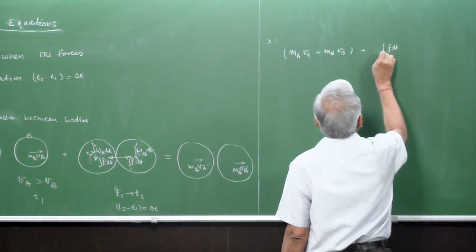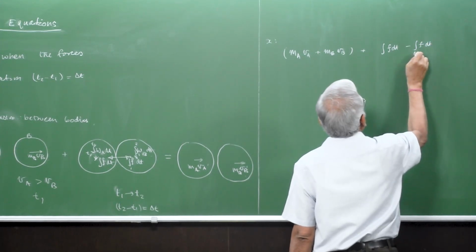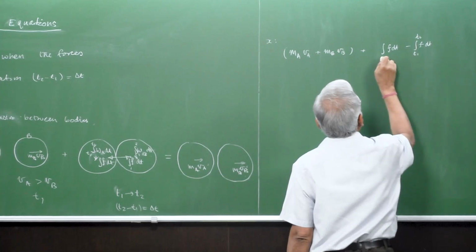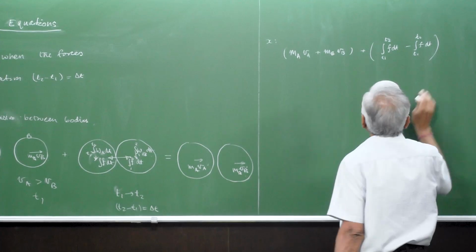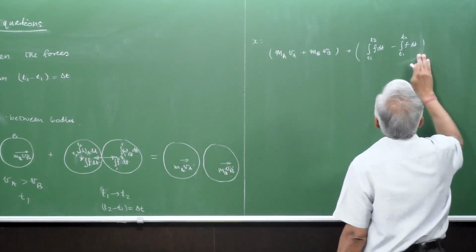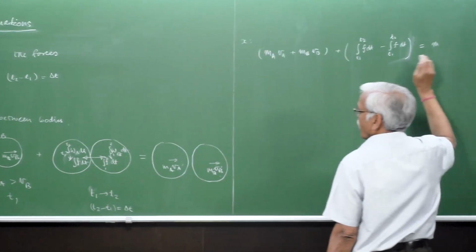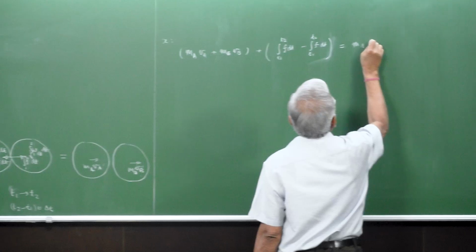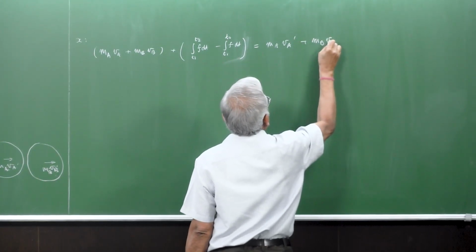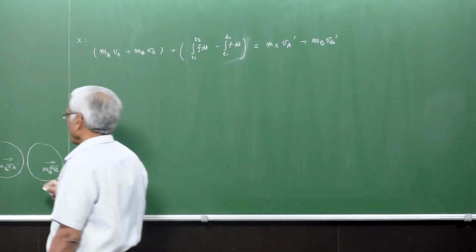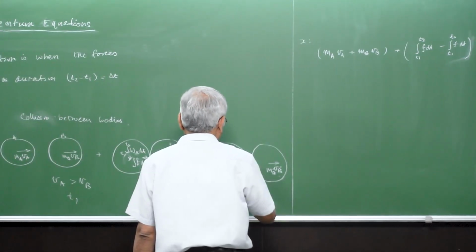I'll just write it here for the sake of completeness. And this is equal to mA vA prime plus mB vB prime.